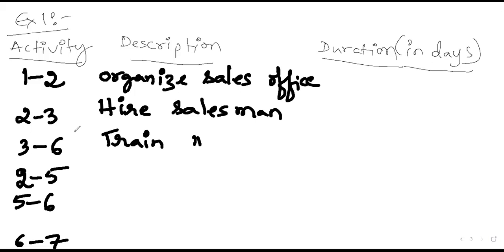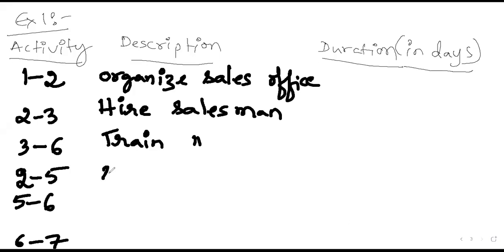So I tried to reduce the activities, but here the numbering becomes a little bit of a problem. Let me just complete these two columns, then you can make note of it. Once the hiring activity is done, the training activity is started.